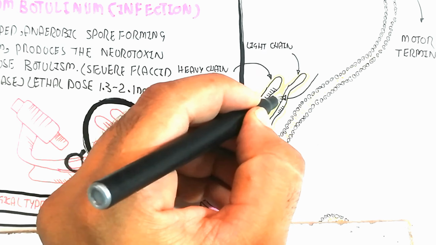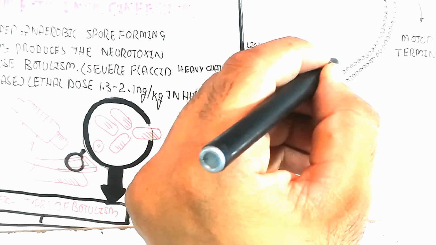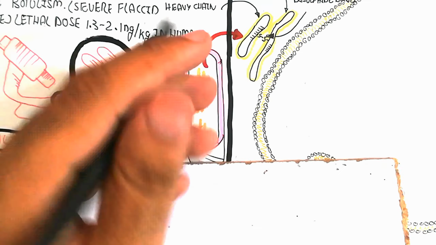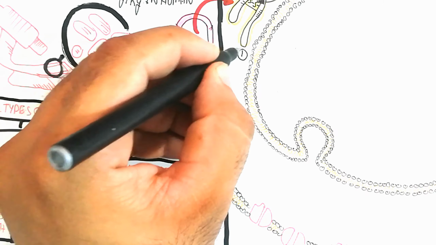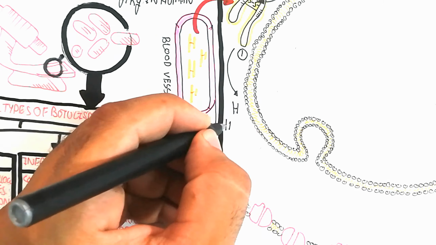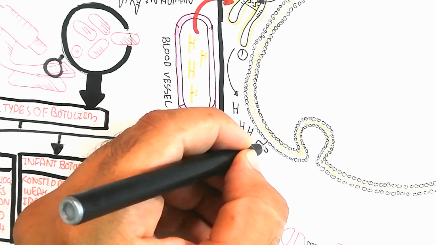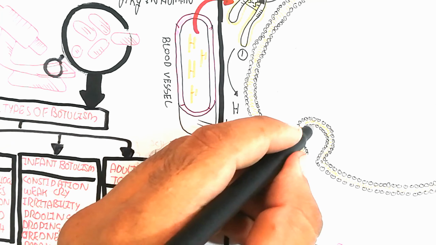The disulfide bond is present between them, and this is bound to a toxin receptor. This is known as BoNT A binding to the receptor.